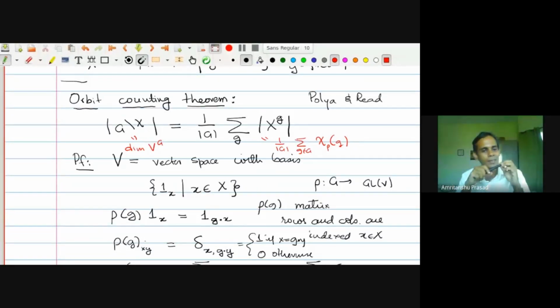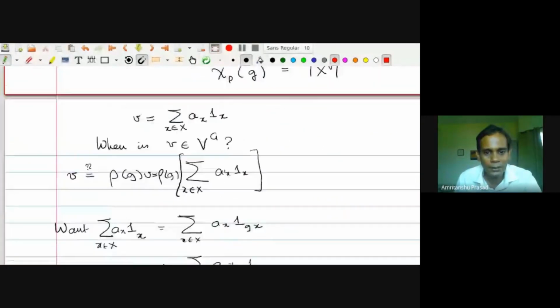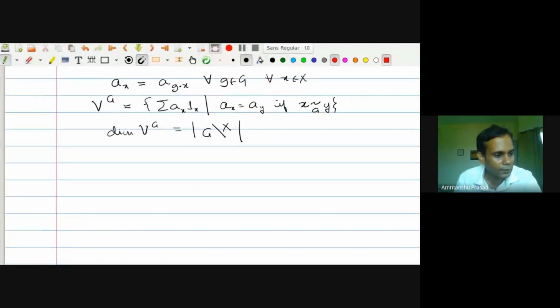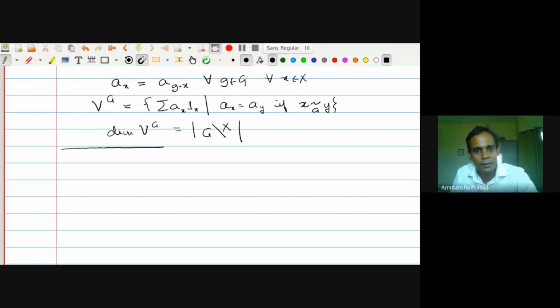The orbit counting theorem can be refined, and that is what Polya's enumeration theorem does. It's a very clever refinement of the orbit counting theorem. It's a little harder to prove than the orbit counting theorem.